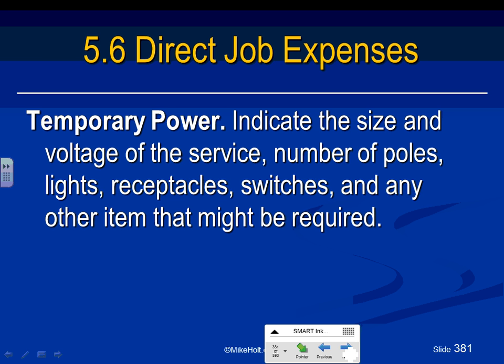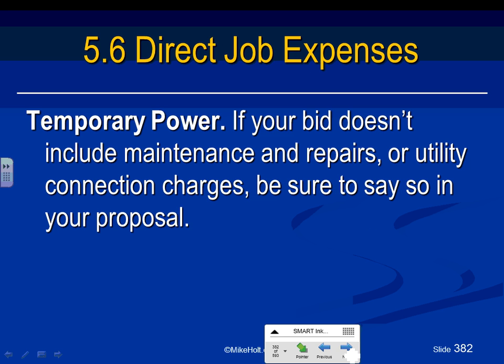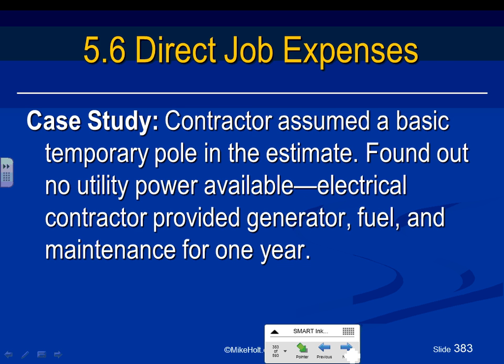Because temporary power can be 480, 200 amps, or 480/277, or it can be 208/120 3-phase, 400 amps, or it could be as easy as 100 amp, 120/240. So make sure you specify how many poles, how many amps, what the voltages are. Otherwise, it will be hard. Temporary power does not include maintenance and repair or utility connection charges. Be sure to say that if the repair is not part of what you're doing.